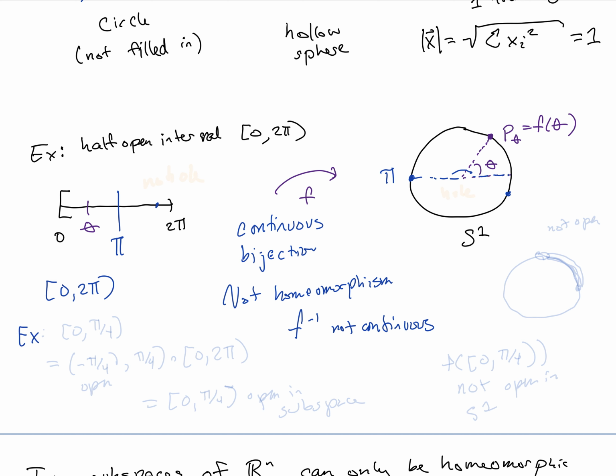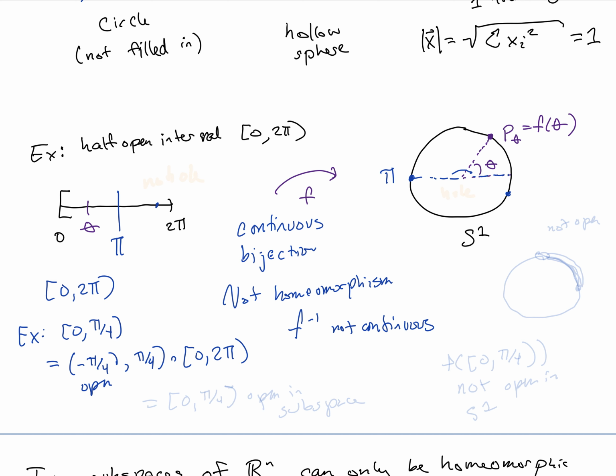So for example, the set 0 to pi over 4 as a half-open interval is equal to, let's say, negative pi over 4 to pi over 4 intersected with our subspace 0 to 2 pi.